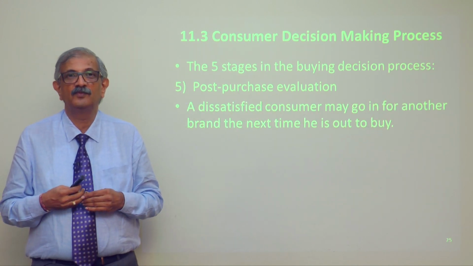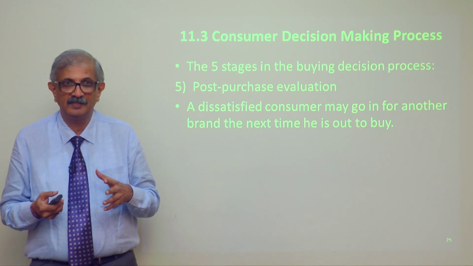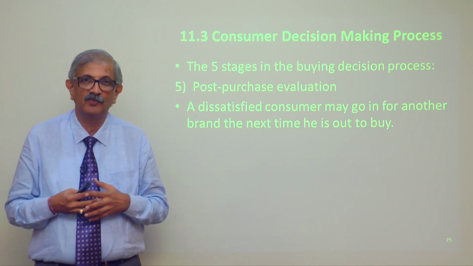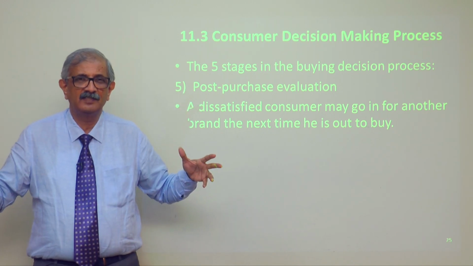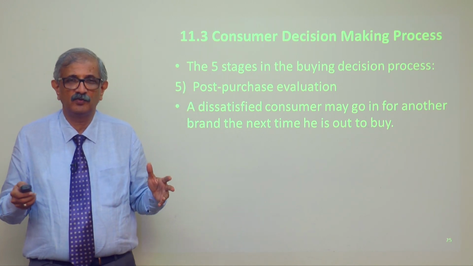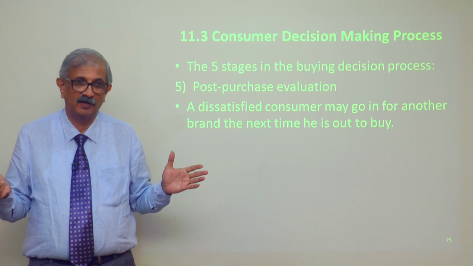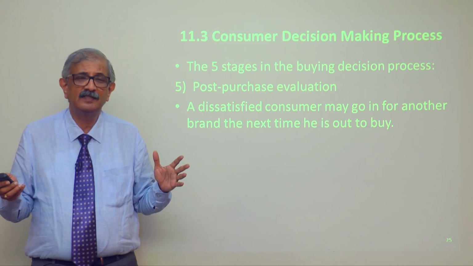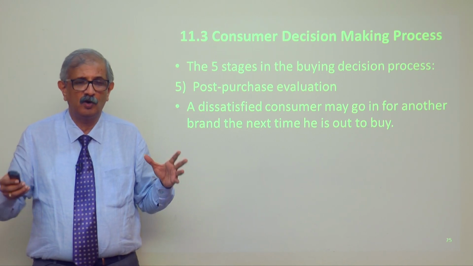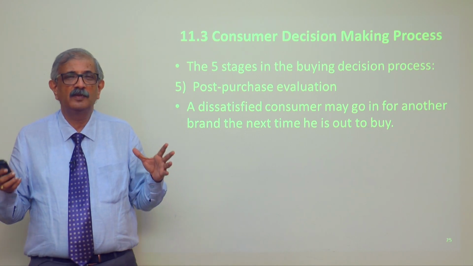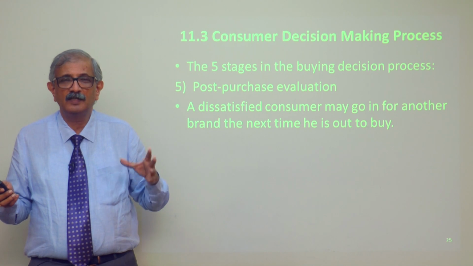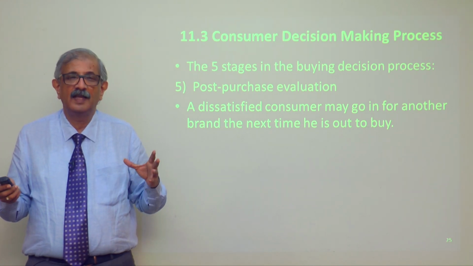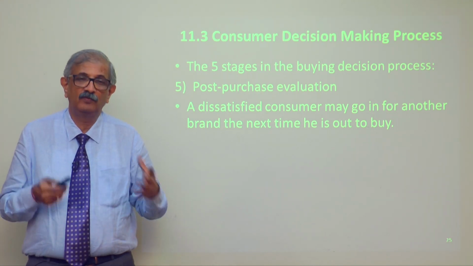Dissatisfied customers will not consider you, or may give you one more chance at the most, or may opt out. So that's how we understood the 5 stages of the consumer decision-making process and its relevance. This is up to the common man, and here commonness prevails, and one needs to really figure out what the consumer is looking for and how one can meet or fulfill those needs.